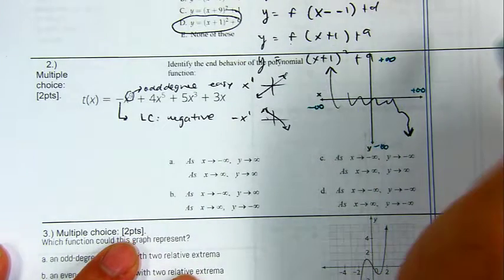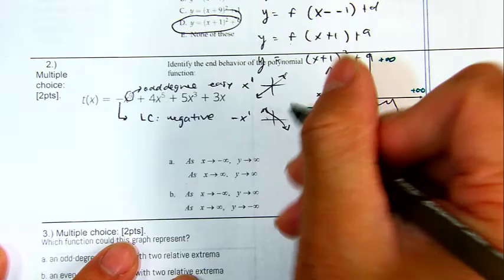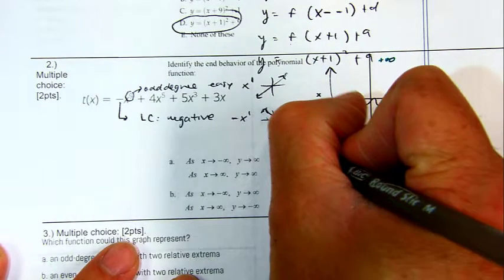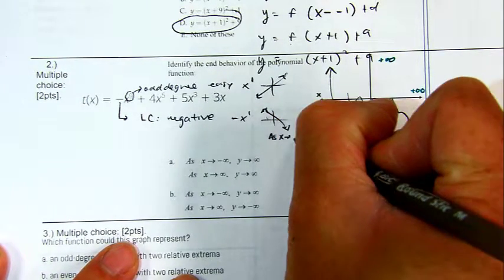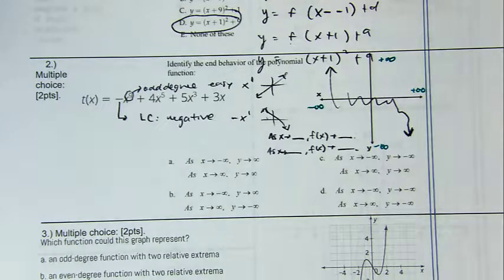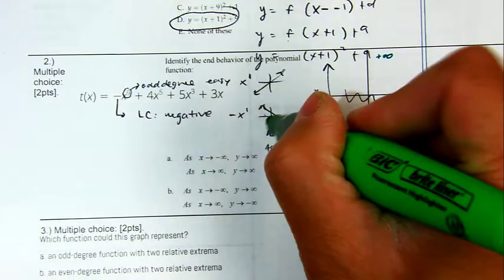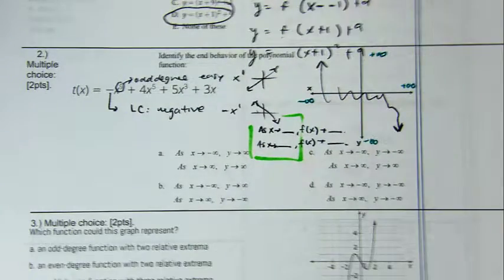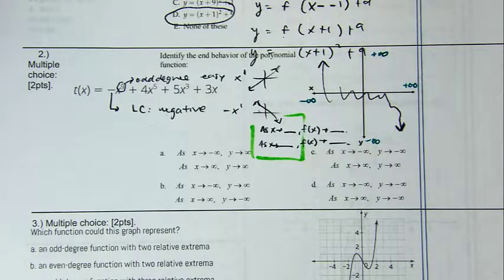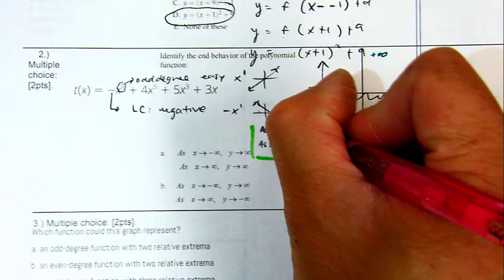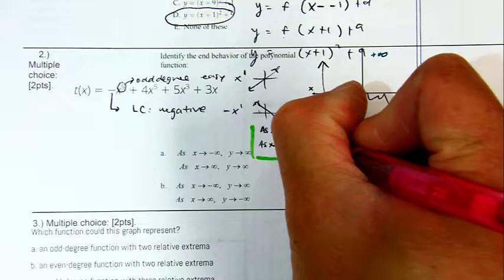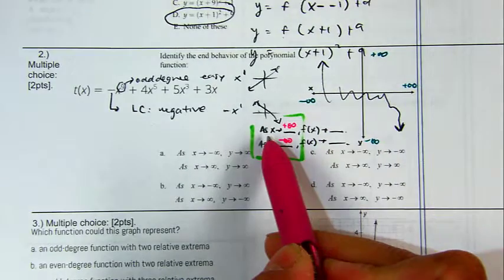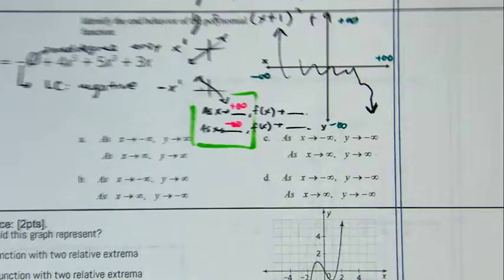Now if you need to, you can just write your own sentence and then match it up. This is what we did in class. We had talked about using this sentence or this box, and always in there you're putting one positive and one negative. As x approaches positive infinity, that's essentially just going towards the right.